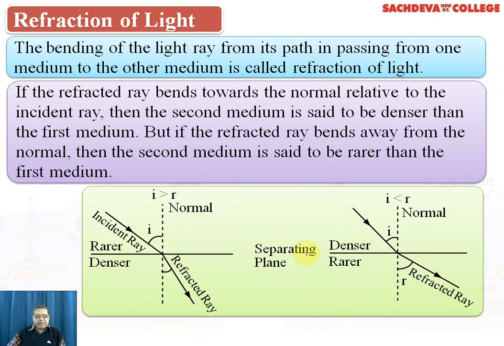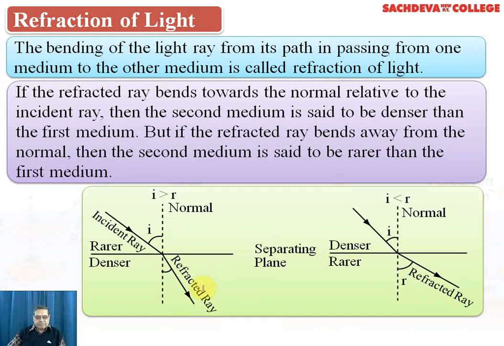In the left figure, the upper portion is rarer and the lower portion is denser. Normally we take it as air and water. We can take it as air and glass also. So incident ray is shown, the script is written, incident ray. The normal is indicated by the dotted line, and refracted ray is indicated in denser medium.